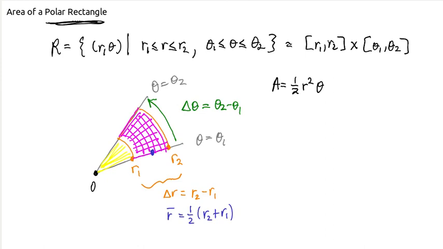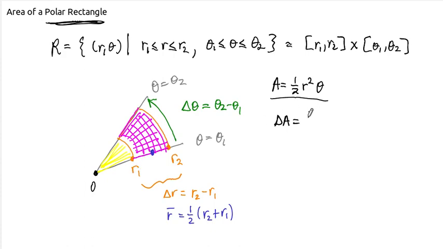This formula is the area of any sector of a circle. We want to take the area of the larger sector and subtract off the smaller one. So the area we're looking for, which I'll call delta A, is the area of the larger one minus the area of the smaller one.